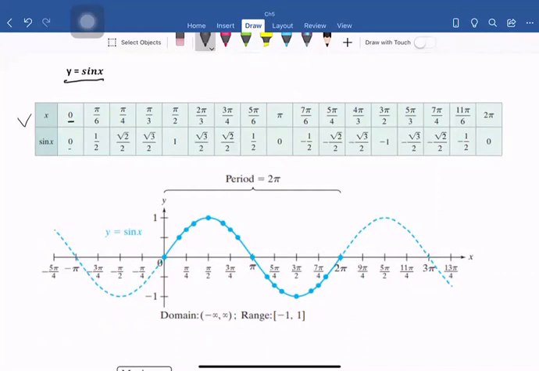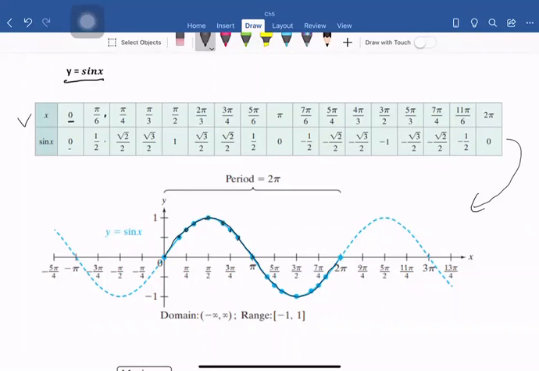And when x equals pi over 6, the sine x value equals 1/2. So plot all of these points in the xy plane. We will find this kind of graph. And then we line them up, we get this kind of shape.